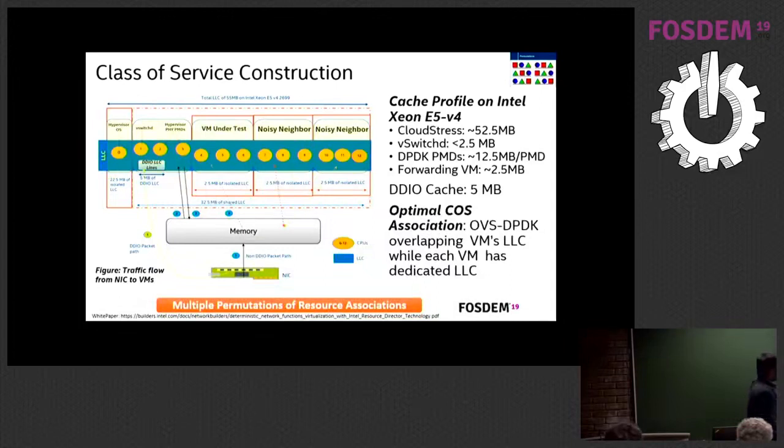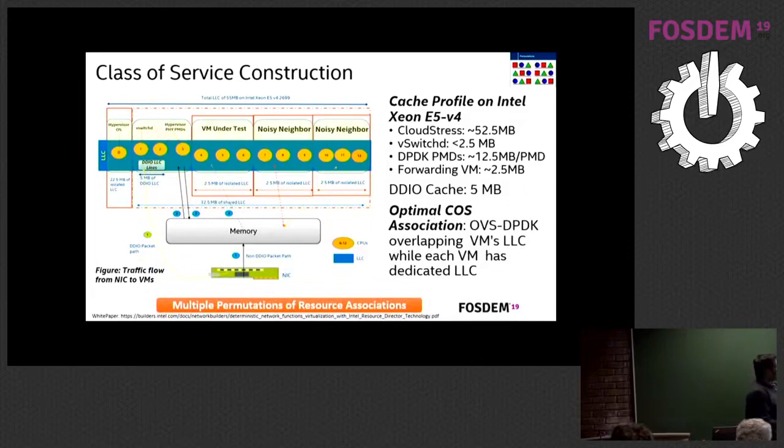This platform has been supporting data direct IO for a long time now. In this case, the packets are copied directly from the NIC onto the last level cache. Cache allocation technology allows you to divide and allocate, associate a section of cache to your VMs, to your containers, to your applications.